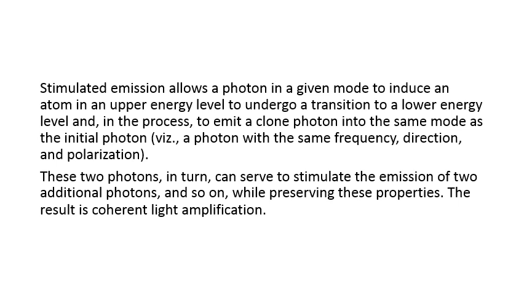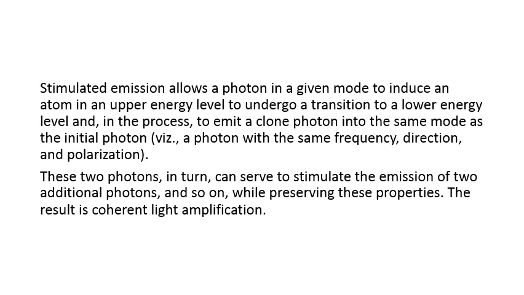Stimulated emission allows a photon in a given mode to induce an atom in an upper energy level to undergo transition to lower energy. And we have discussed this in the past lecture in detail. In the process, it emits a clone photon, an identical photon, into the same mode as the initial one. That is stimulated emission. Photons have the same direction, same frequency, same polarization.